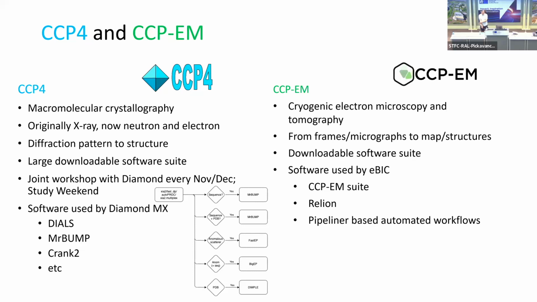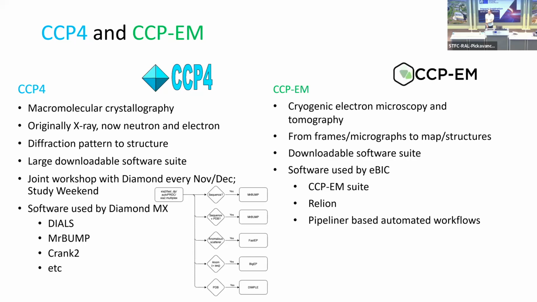CCP-EM was created later, in 2012, which was 2 years before the resolution revolution officially took off and cryo-EM became trendy. But it was set up in 2012 largely to mimic CCP4. So again, for cryo-EM, we started with single particle analysis, and that's going from the frames collected at the microscope through to a final map and potentially a built atomic model.